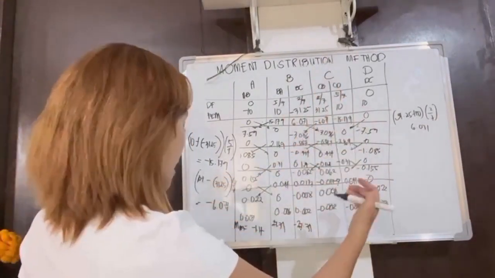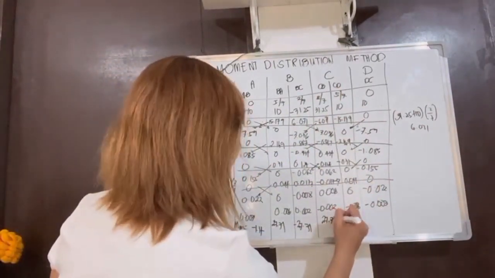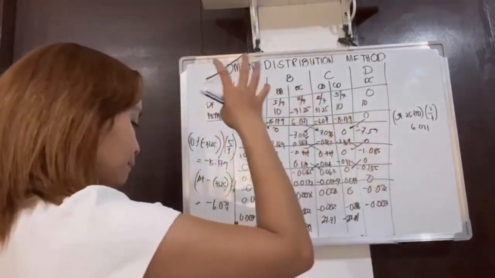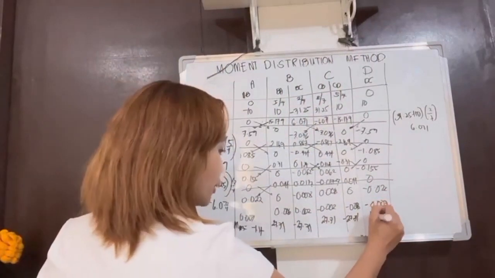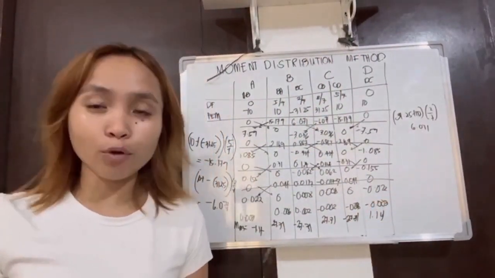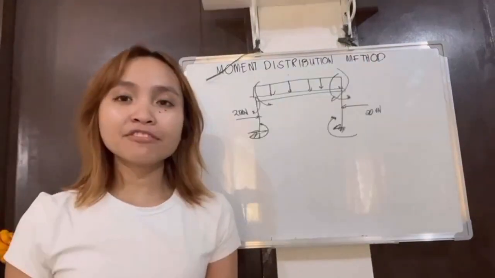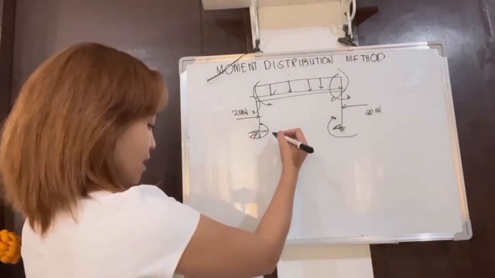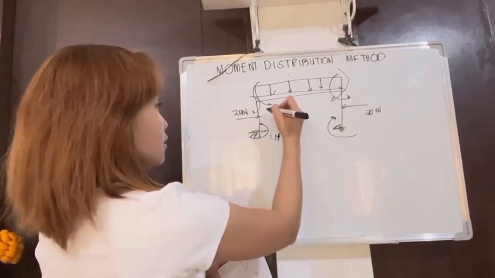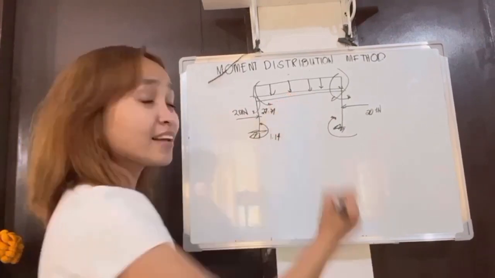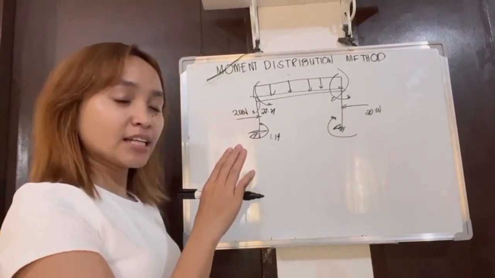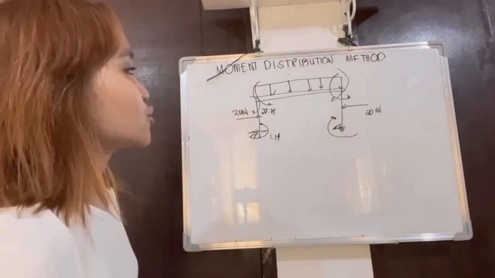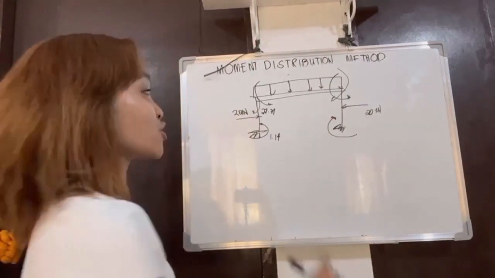The moment of CB is 27.71. The moment of CD is negative 27.71. The moment of DC is 1.14. So, we have the moment at each joint. Take note, each negative we got earlier is counterclockwise, and the positive values are clockwise.